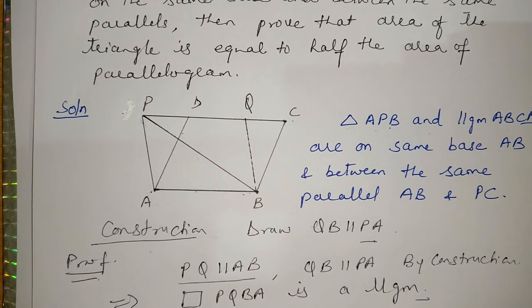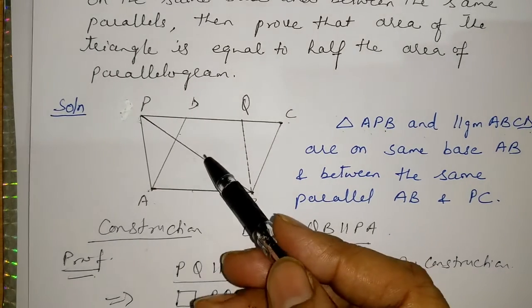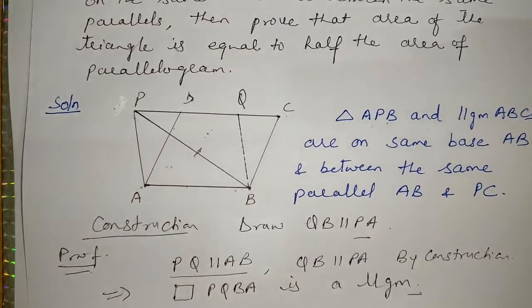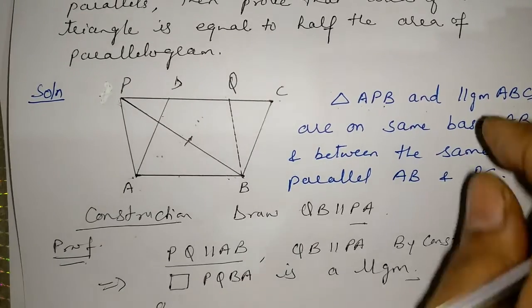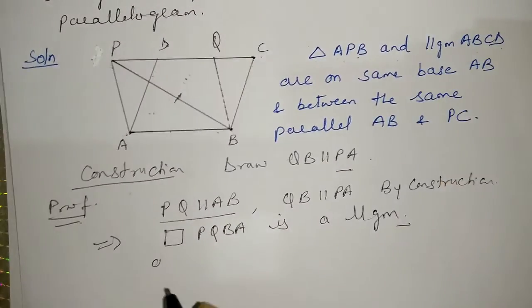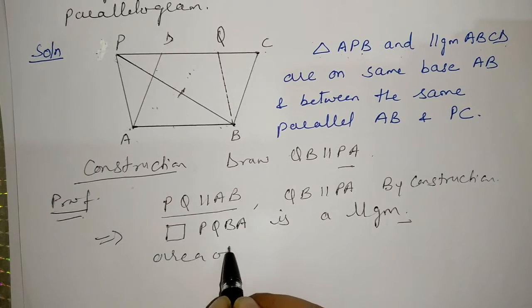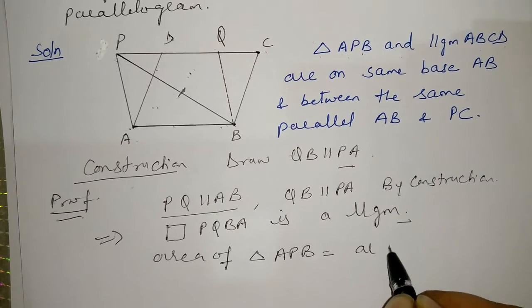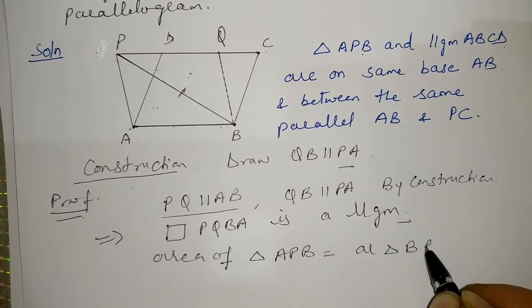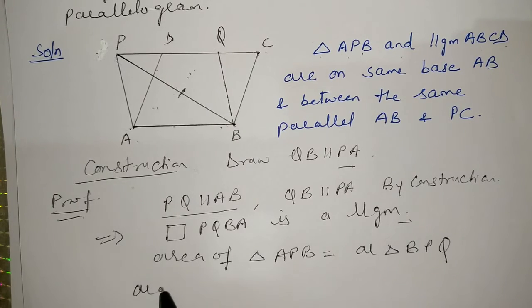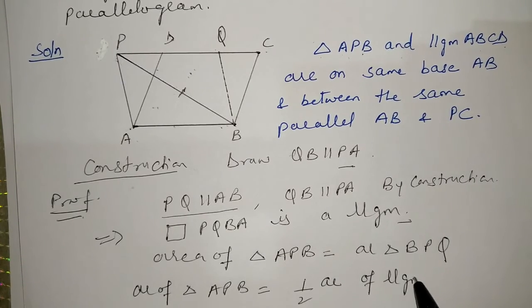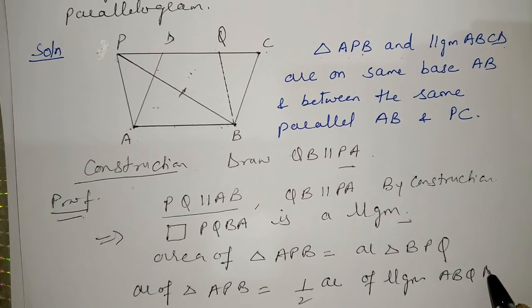Now if you recall the property of a parallelogram, the diagonal of the parallelogram divides the quadrilateral into two halves. Here we have area of triangle APB equal to area of triangle BPQ, or area of triangle APB is half the area of parallelogram ABQP.